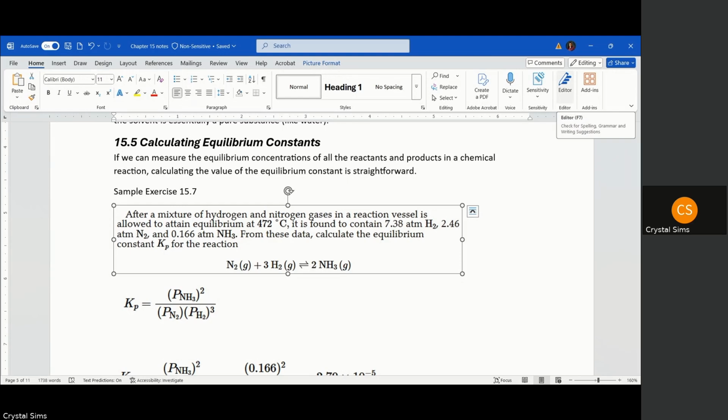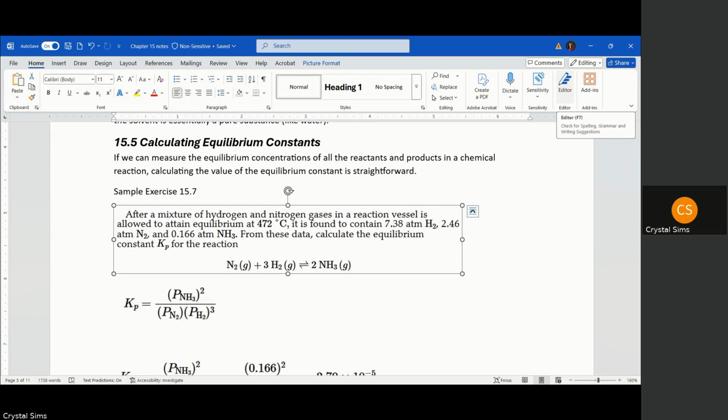And when we combine the nitrogen and hydrogen gases and allow them to come to equilibrium, we have 7.38 atmospheres of hydrogen gas, 2.46 atmospheres of nitrogen gas, and 0.166 atm of ammonia gas.